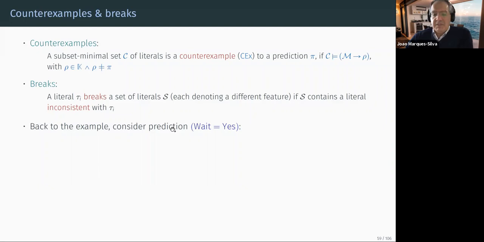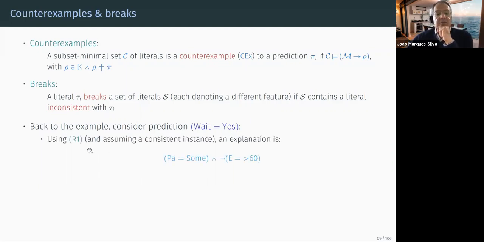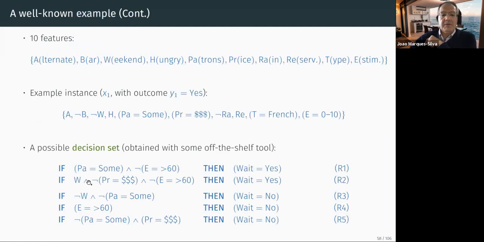We are going to consider prediction yes. If you recall, there were two rules for prediction yes. We're using rule 1, and if it's a consistent instance, the explanation will be just the literals of the rule. A counterexample would be something that is different, so either this literal is different, or this literal. Let me go back, otherwise this is not clear. I'm going to pick this rule here, and this rule here.